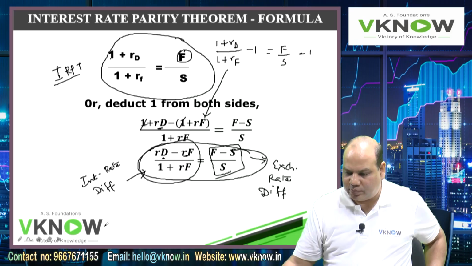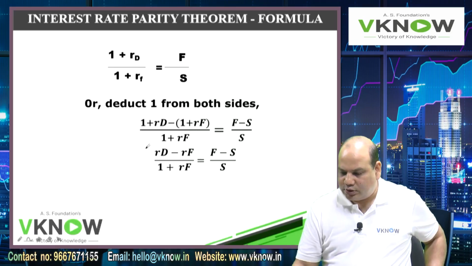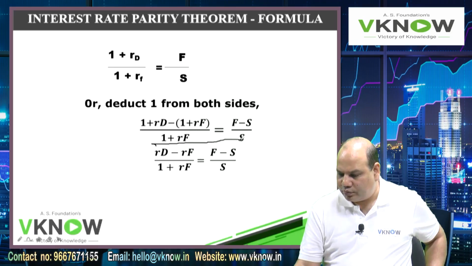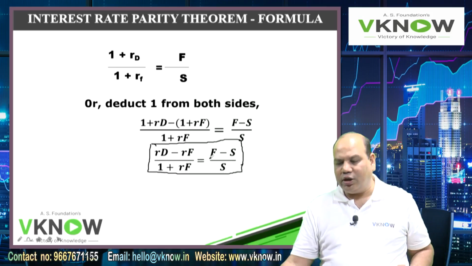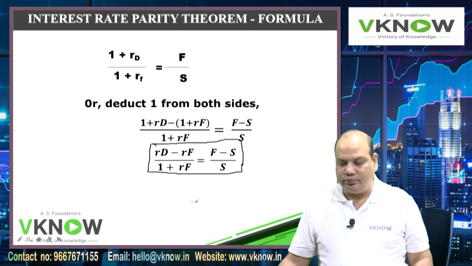First one I think is simpler. So most probably we should use the first formula. But yes, you can use the second equation also, which is a little complicated or maybe more time consuming, to find out the missing figure, either RD or RF or F or S.